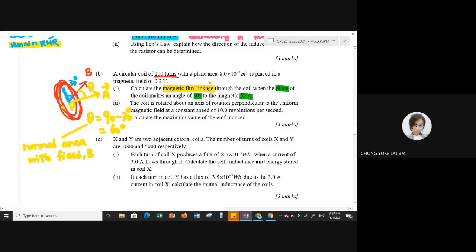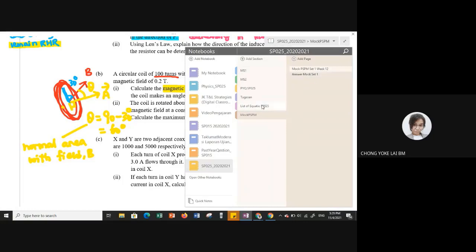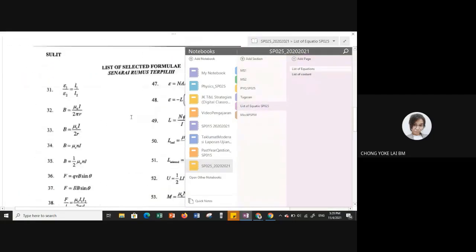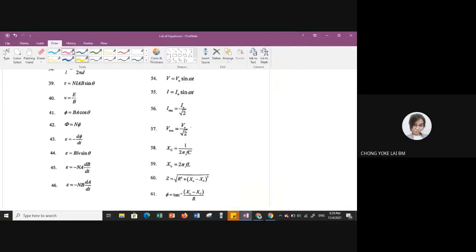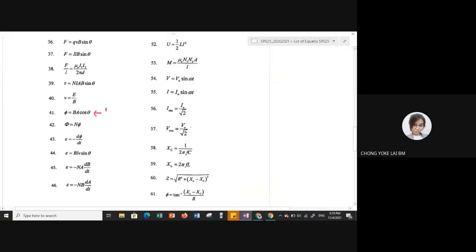Then we want to find magnetic flux linkage. So magnetic flux linkage adalah numbers of turn darab dengan magnetic flux. Magnetic flux adalah BA cos theta. So BA cos theta darab numbers of turn baru dapat magnetic flux linkage. So hati-hati dalam formula kita. Ini adalah magnetic flux.